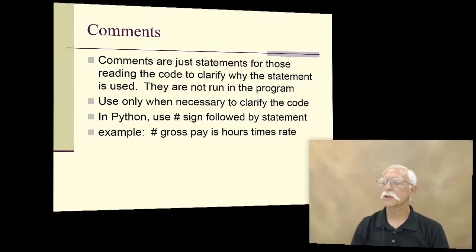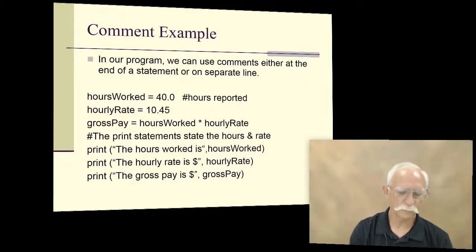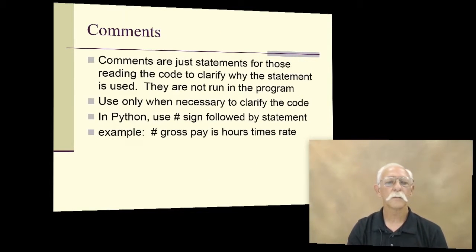One of the things I'll ask you is only use it when it's necessary to clarify the code. In Python, you use a hash symbol, also called nowadays a hashtag, followed by a statement. Example, hash, gross pay is hours times rate.